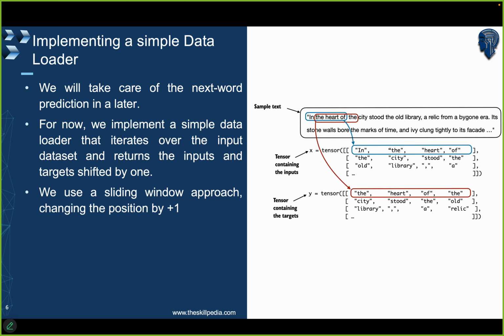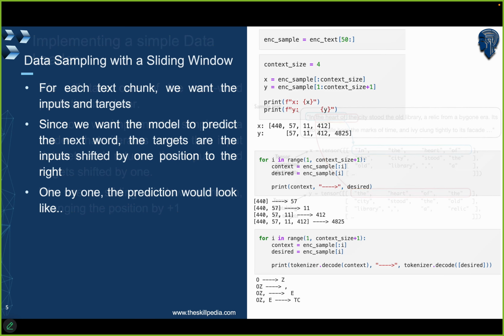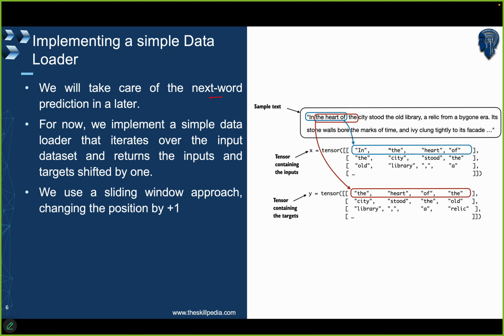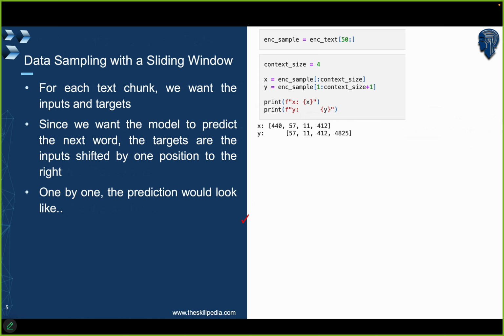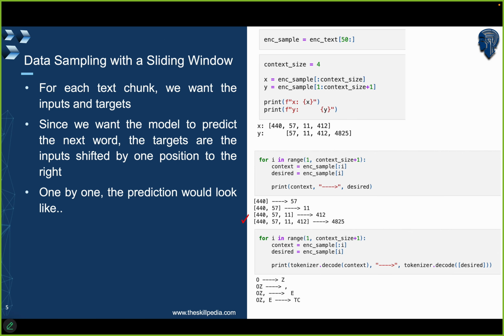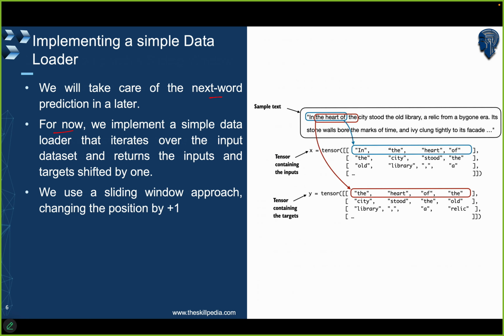Implementing the simple data loader. We will take care of the next word prediction in a later session, but for now, we implement a simple data loader that iterates over the input dataset and returns the inputs and the target shifted by 1.